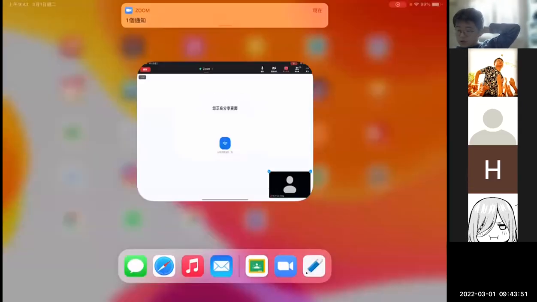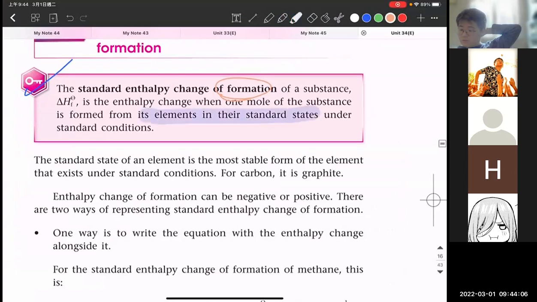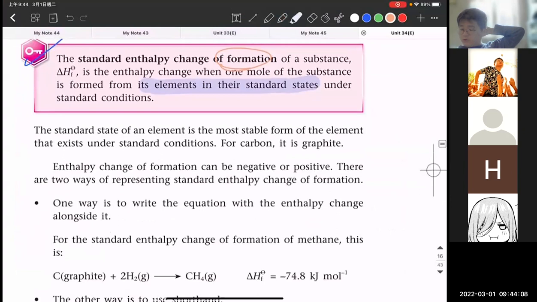So what's so special about the term is element in the standard state, right? What does that mean? It tells you the most stable form of the element under standard state. If you talk about an element, you need to memorize something. For example, carbon. It's not diamond, it's graphite.